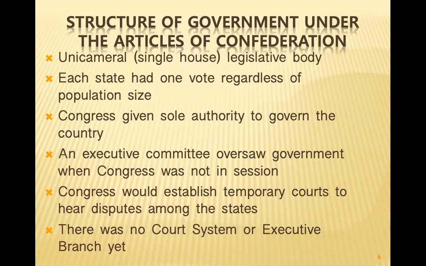The small states feared their voices would be drowned out if representation was based solely on population. Thus, to equalize representation in Congress, each state only had one vote, regardless of the size of its population.